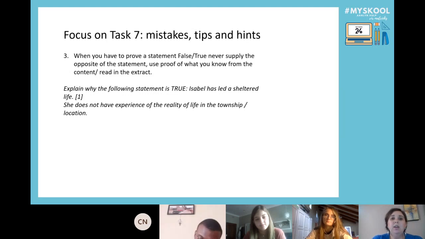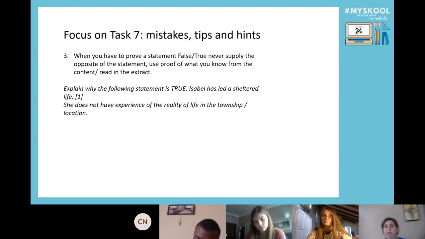Then, task 7, mistakes, tips, and hints. Number 3. When you have to prove a statement false or true, never supply the opposite of a statement. Use proof of what you know from the content or read in the extract. So if I say, for example, say why it is true that it is very cloudy out today, you can't say true, the sun is shining, because that proves the opposite.